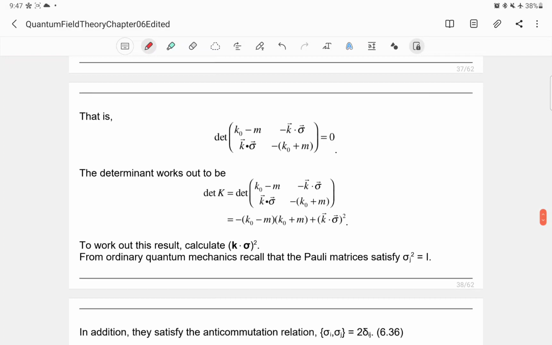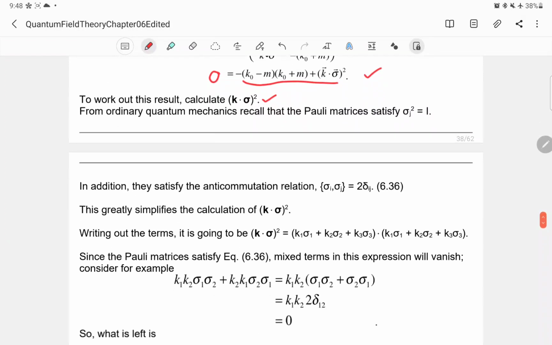By the way, the determinant of this would just be equal to this one. This is supposedly equal to 0, but the form is this one here. So let's calculate what this is.